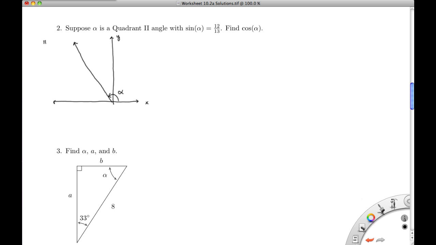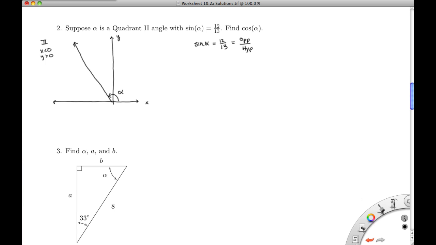And we're in the second quadrant, so we know that our x's are negative and our y's are positive. Okay, and what we're told is that the sine of alpha is equal to 12/13. Now, if we think about this in terms of triangles, we know that the sine is the opposite over the hypotenuse.